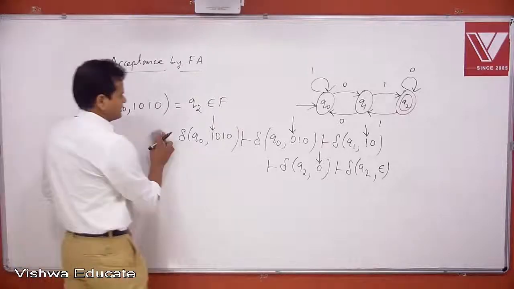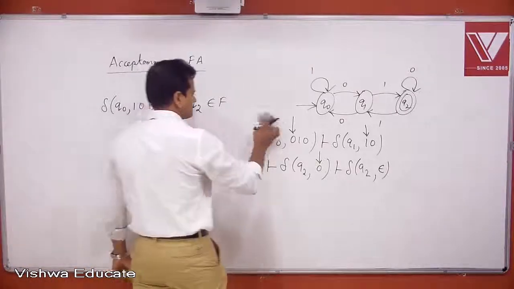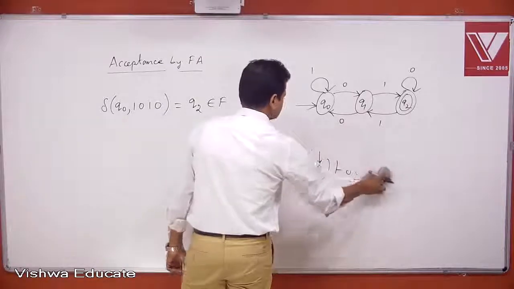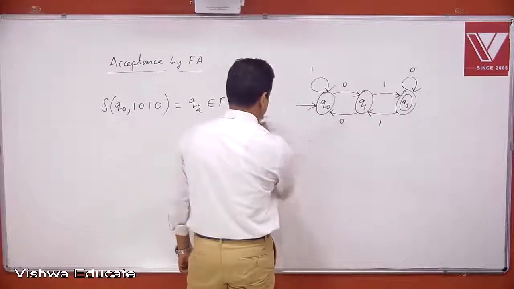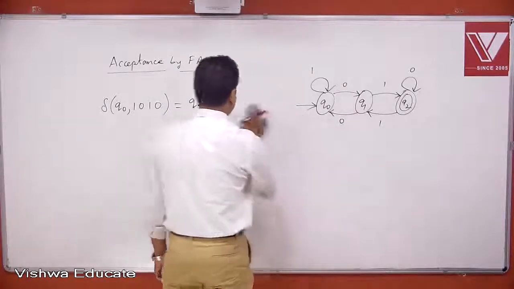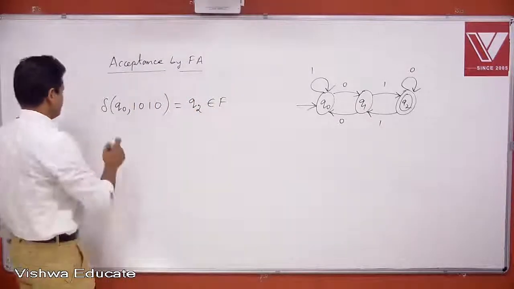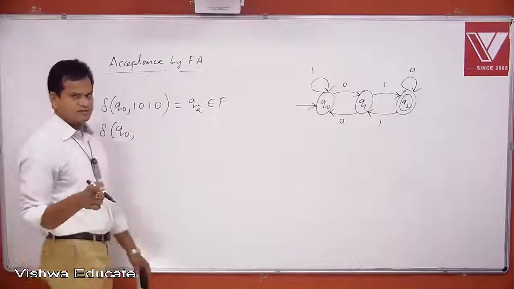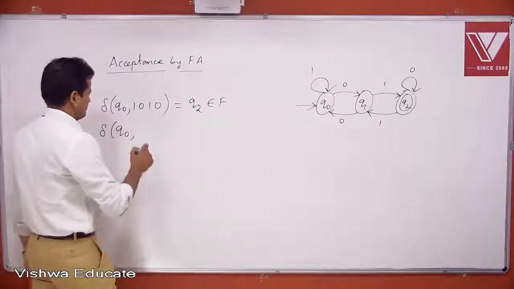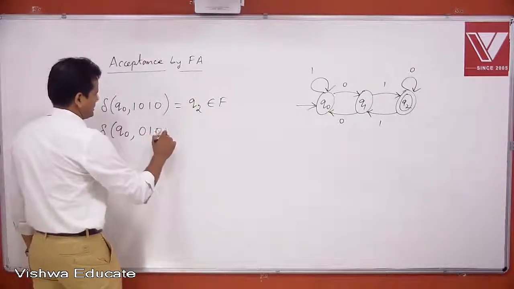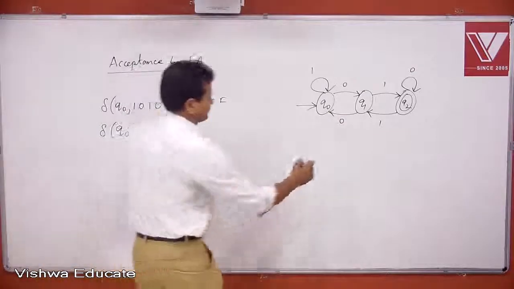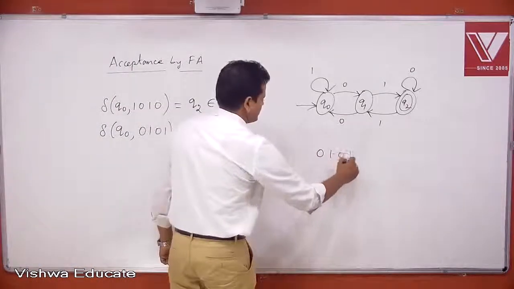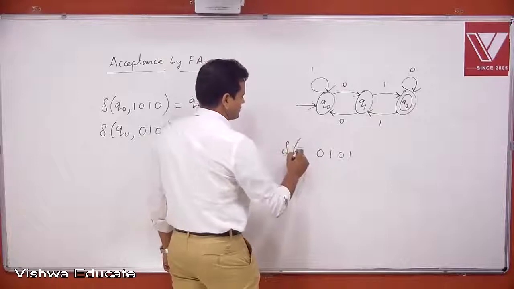Okay. We see one more example. Look at this string. Every time it has to start from the initial state only. I am taking 0101, starting at Q0.